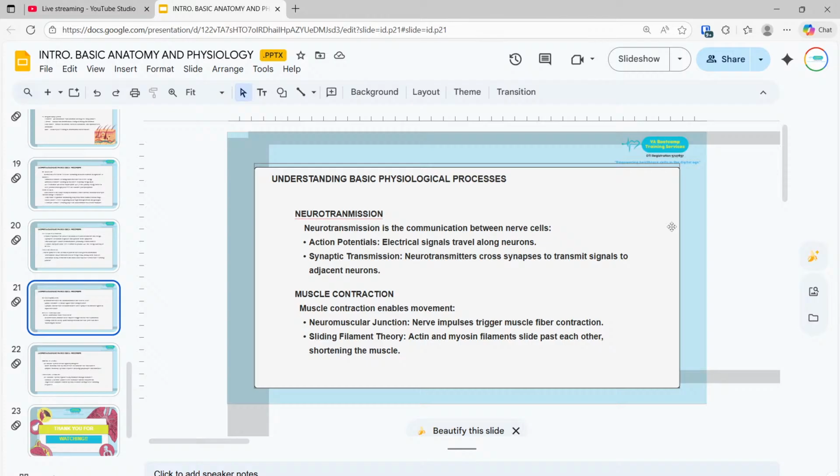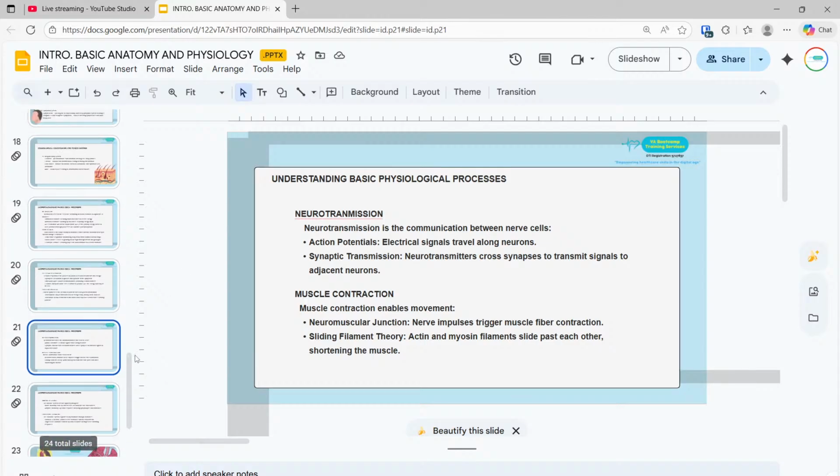Next is neurotransmission. Neurotransmission is the communication between nerve cells. So what are action potentials?